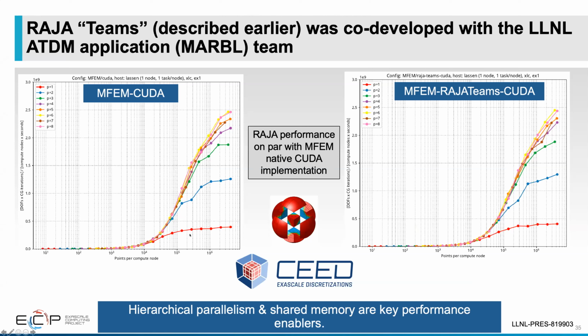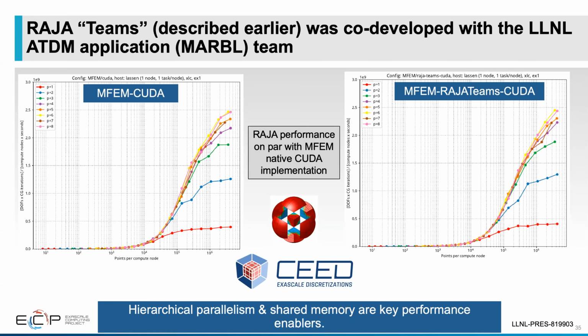The plots here illustrate the throughput performance for a particular finite element kernel. The different lines correspond to the different orders. And of course, higher is better. Through iterations and working with them, we were able to refine the RAJA Teams API to provide on-par performance to a native CUDA implementation. And of course, with the RAJA Teams variant, we also have the CPU implementation as well.